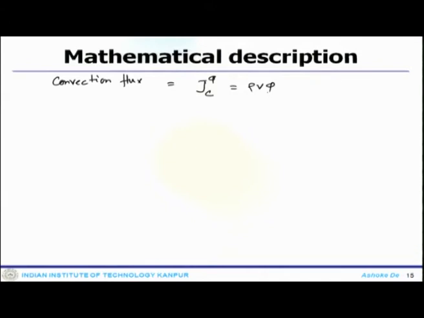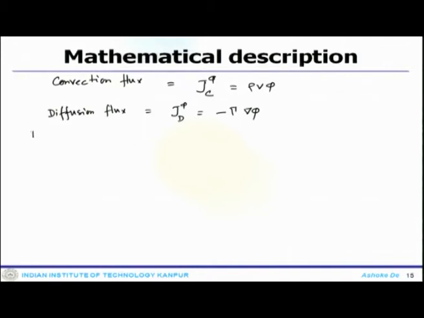Now I similarly have the diffusion flux. Okay. So that is minus gamma del phi, or you can say simply gamma del phi.